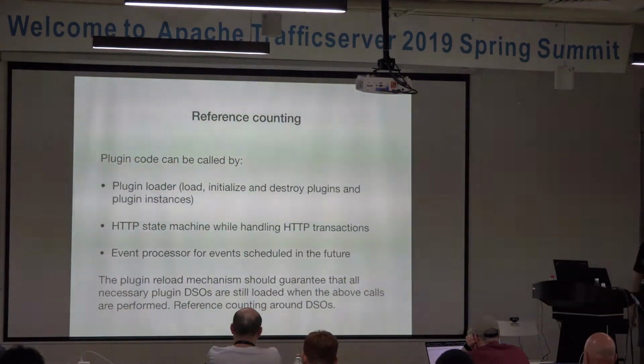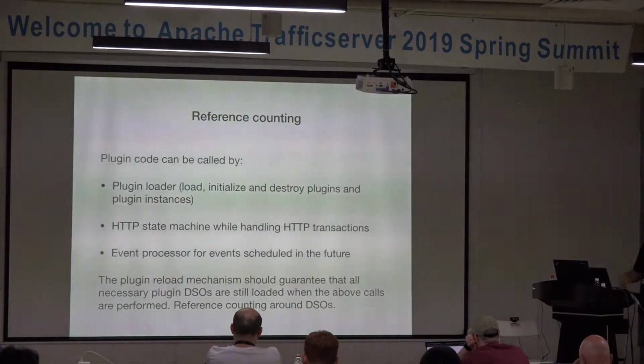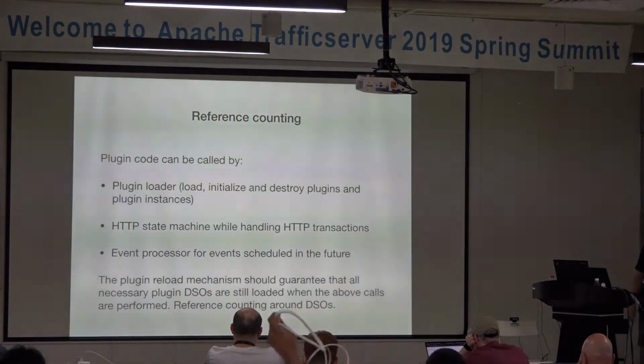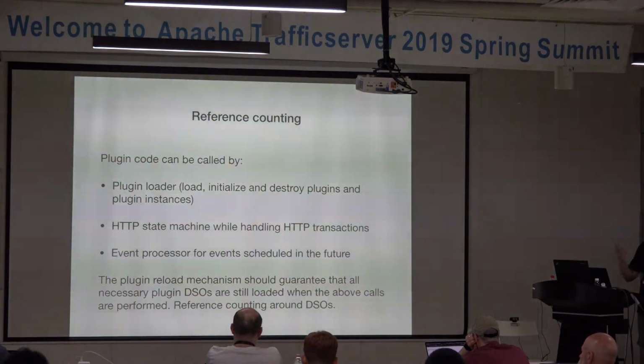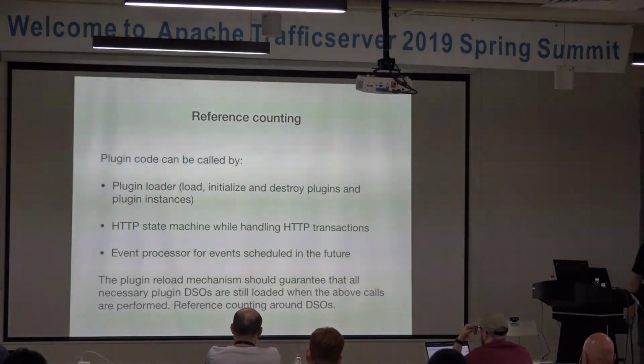We call functions from the state machine while handling HTTP transactions. And one extra place is that when we schedule continuations, like events in the future, we may use symbols from the shared object. For example, the plugin can create a continuation that will be triggered later.